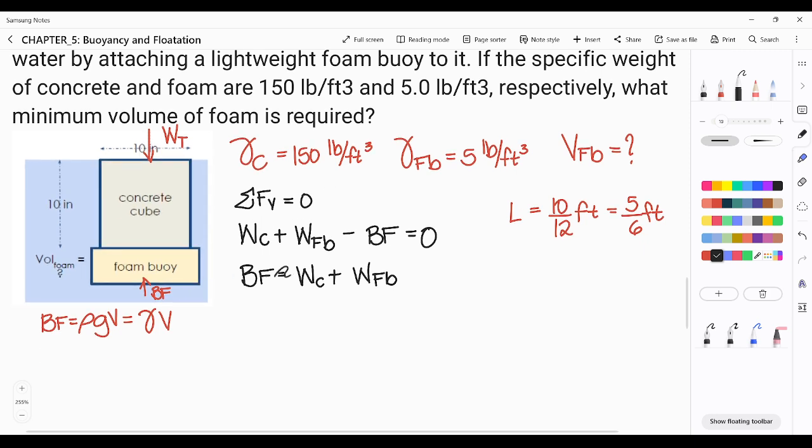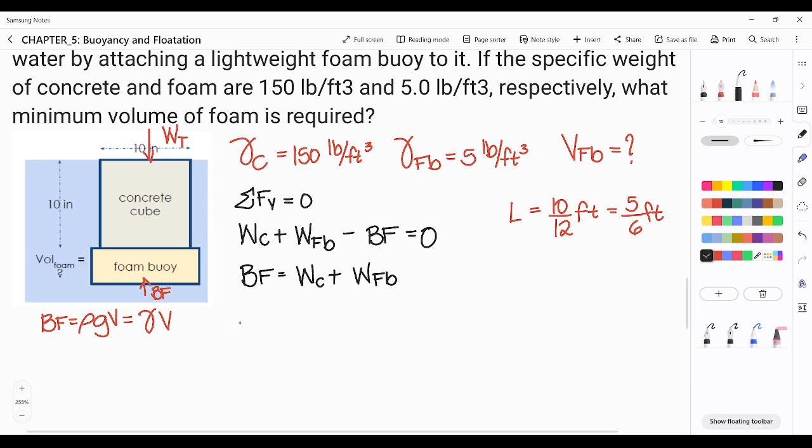So, we all know that the buoyant force ay equal sa rho GV, in which V here is the volume displaced. Or simply, since rho G is equal to gamma, so we have gamma times the volume displaced. So, itong buoyant force, substitute lang natin doon. And we also know that weight is gamma times the volume of our object. So, substitute lang natin sa variables natin dito in terms of gamma and the volume para mas madali nating ma-analyze yung nawawalang volume ng buoy.